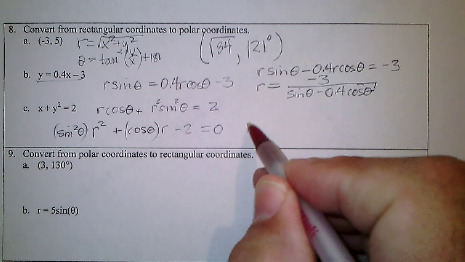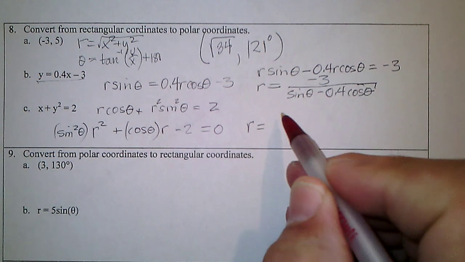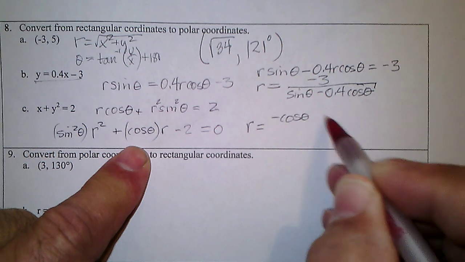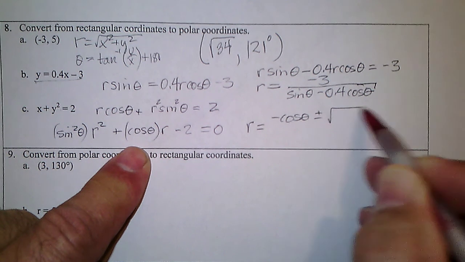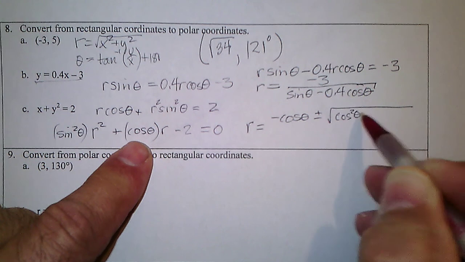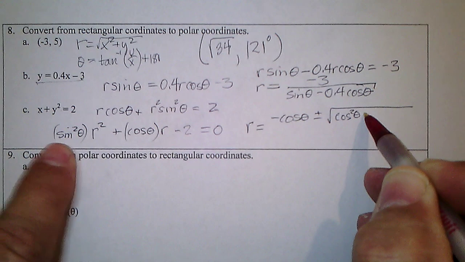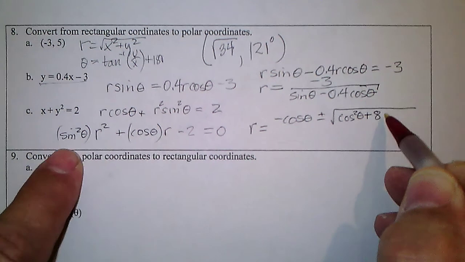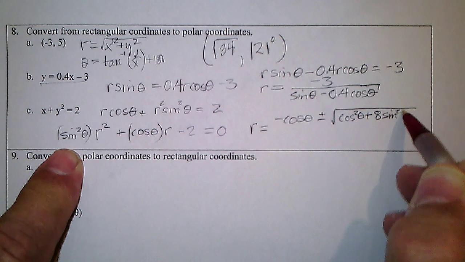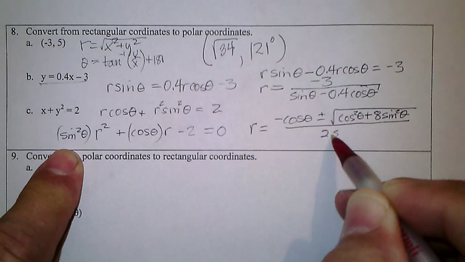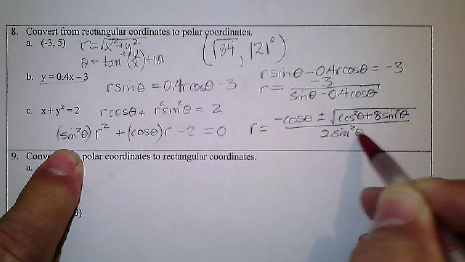And to do that, you would have r equal the opposite of b plus or minus the square root of b squared minus 4 times this times that, so that'd be plus 8 sine squared theta all over 2 sine squared theta.